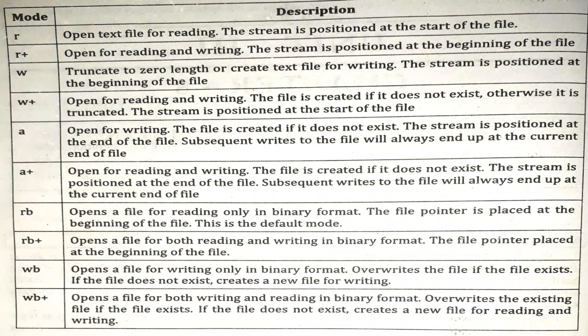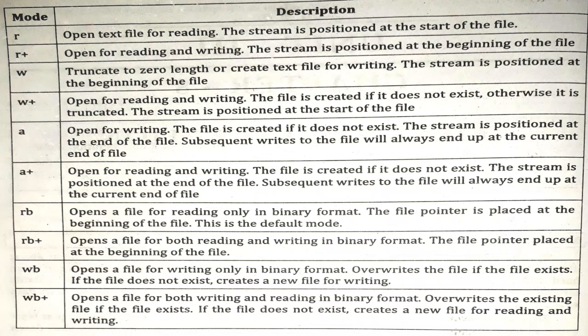But the difference between W and A is that in case of W, the insertion starts from the beginning, and in case of A mode, the insertion starts from the end. Again we have A plus also, which is used for reading as well as writing, but it will start reading and writing from the end of the file.